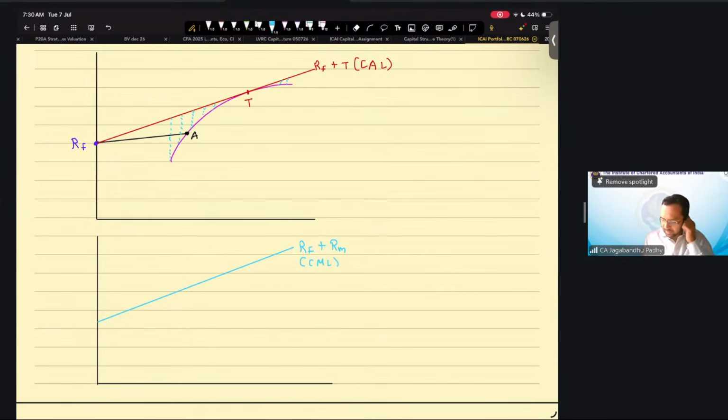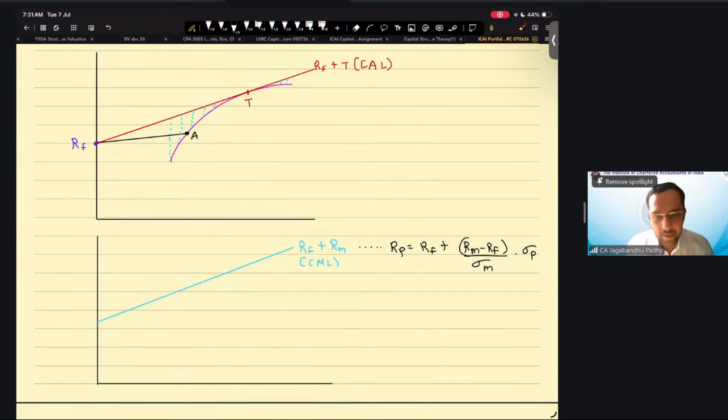And we have seen that this capital market line has an equation: the return of our portfolio will be risk-free plus, we don't have the beta over here right now, so it's going to be risk-free plus (RM minus RF) divided by the standard deviation of market, into the standard deviation of security, or the standard deviation of portfolio.